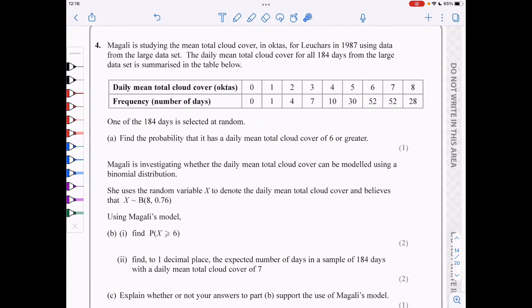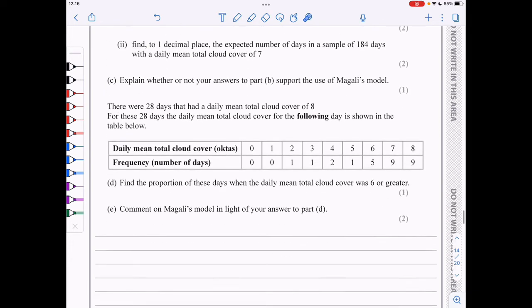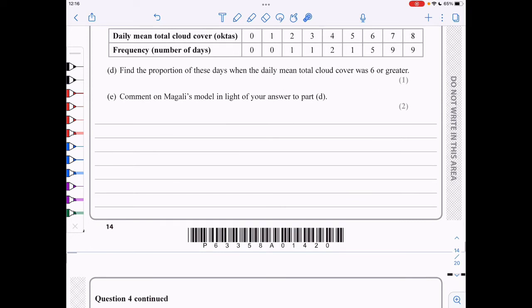Well, 6 or greater is the 52 and the 52 and the 28, so the answer to part A should simply be 52 plus 52 plus 28 over 184, which gives an answer of 33 over 46, which to 3SF is 0.7174.